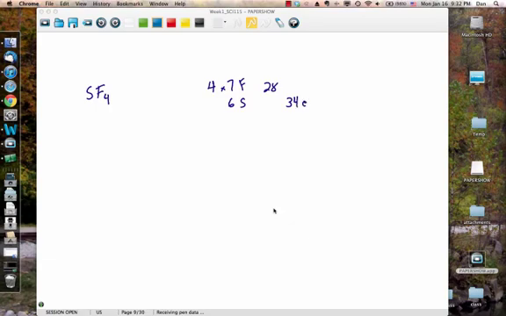electrons total. We draw a simple structure that connects the sulfur to all the atoms, and then we distribute those electrons around the structure.